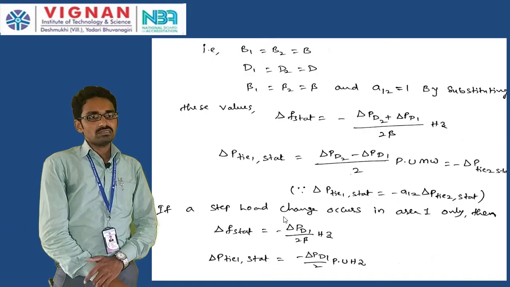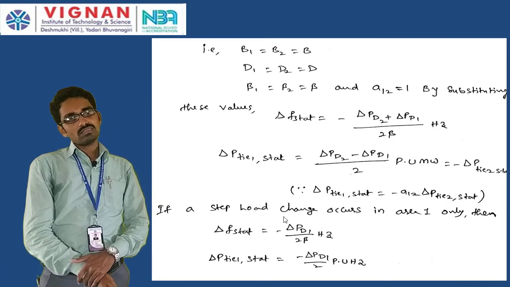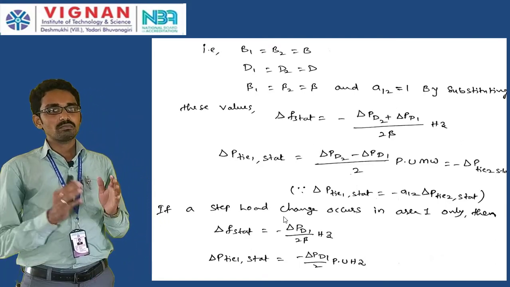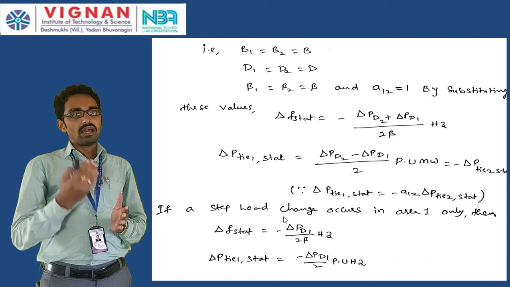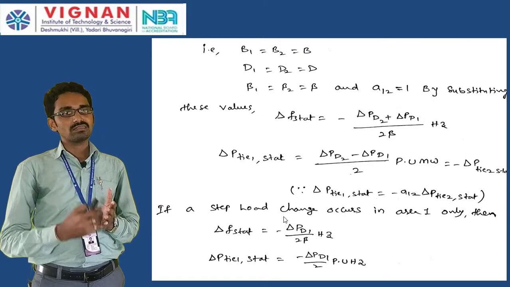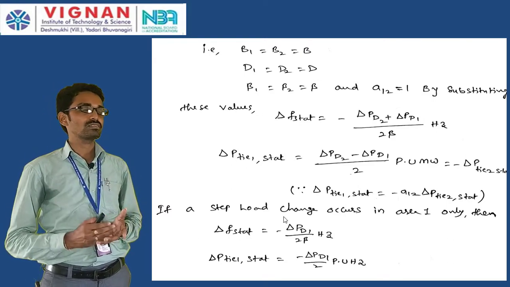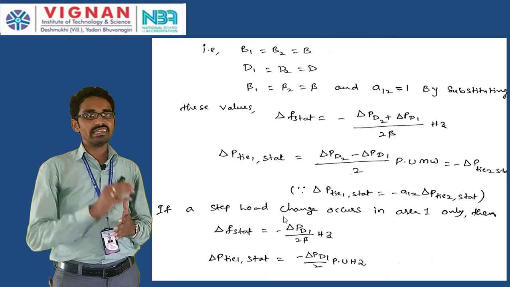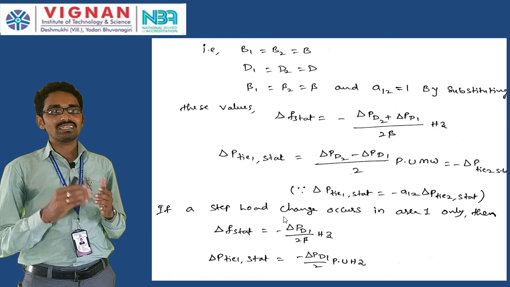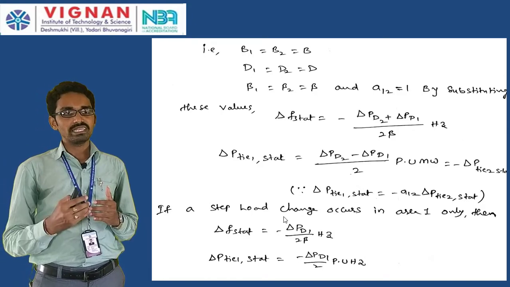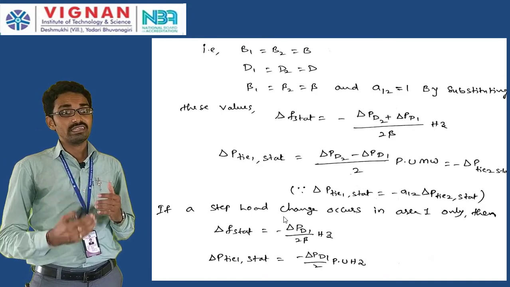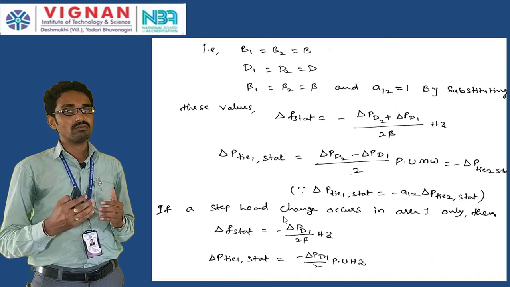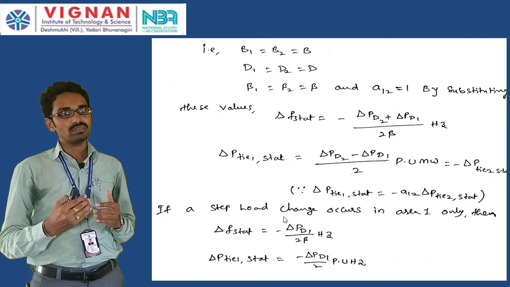So what I can conclude is that here delta P Ti1 static is divided by 2, and delta F static is also divided by 2. In the previous case, that is in the single area system, we had minus delta PD by beta, but here it is directly minus delta PD1 by 2 beta.